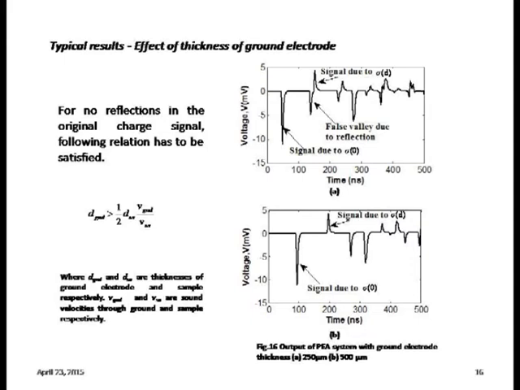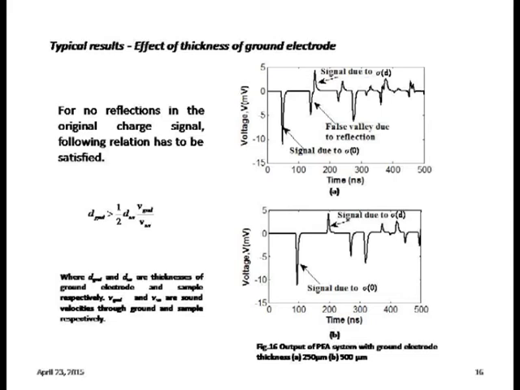So for example, even if you consider this is the ground electrode, because this is the first negative peak and this is the first positive peak, you may think this is the cathode and this is the anode. You may think that this kind of charge is formed within the insulation, but that is incorrect.